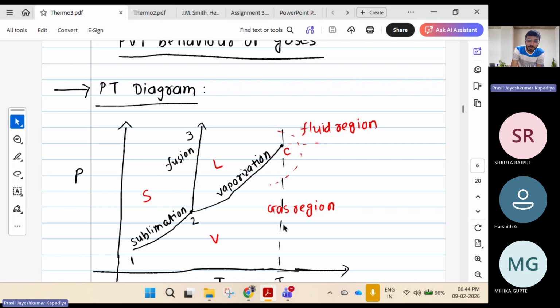Similarly, what will it be for the vaporization curve when liquid and vapor are in equilibrium? What will be the degree of freedom? Again 1, correct. Let's say I'm only dealing with this particular phase, the liquid phase. What will be my degree of freedom in this part? 2. What does that mean? Purely in the liquid state.